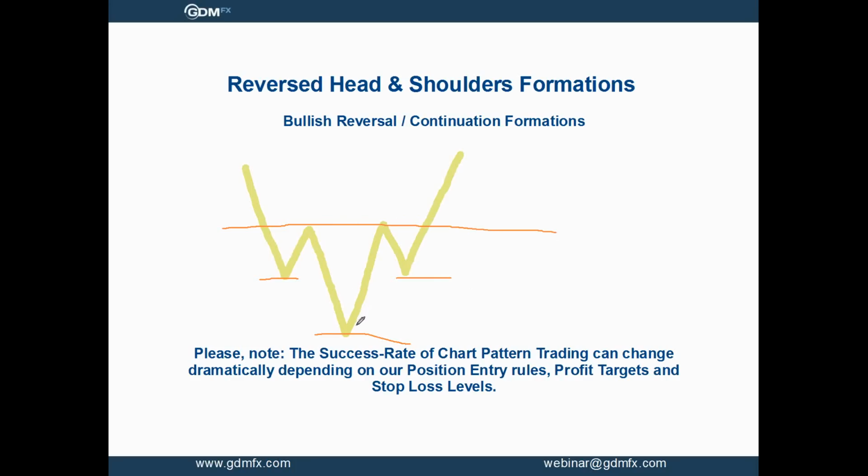Now what we can do is measure the distance of the slope between the head and the neckline, and then measure the same distance from the second shoulder, the right shoulder, as our take profit. So if this is 10 pips, this should be 10 pips as well.